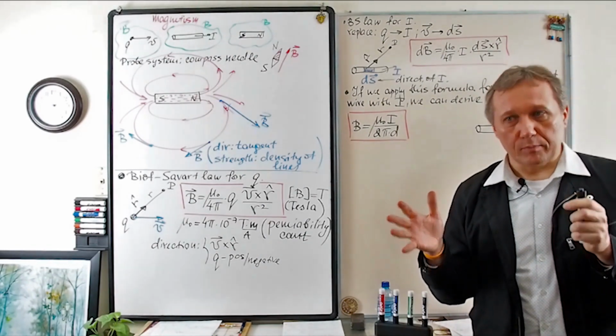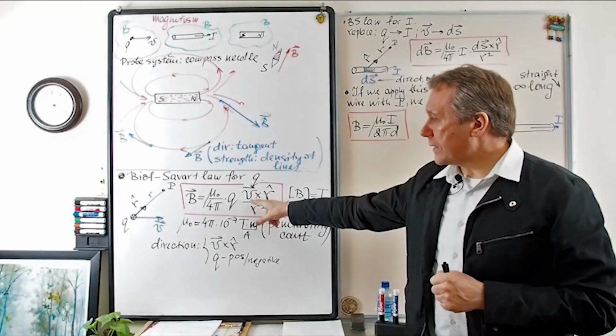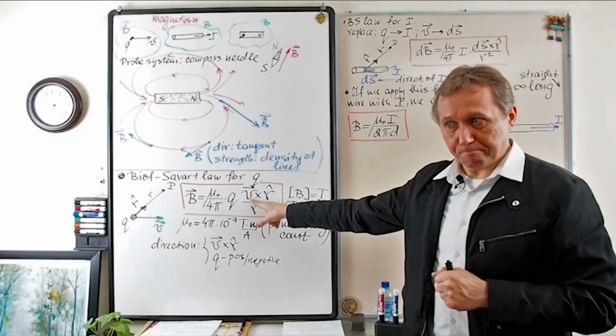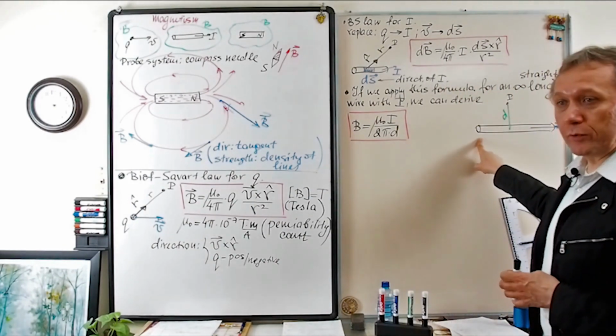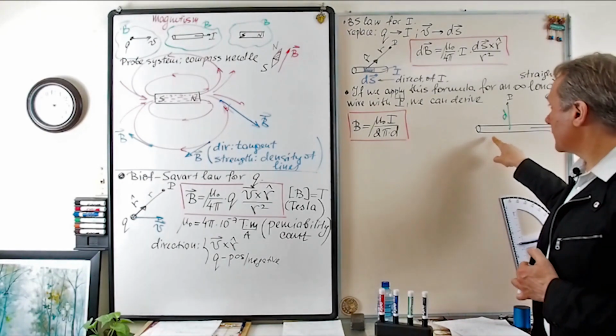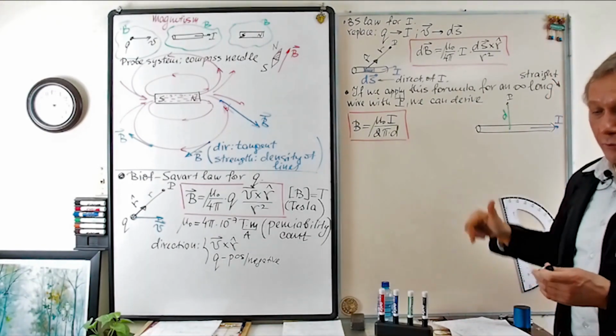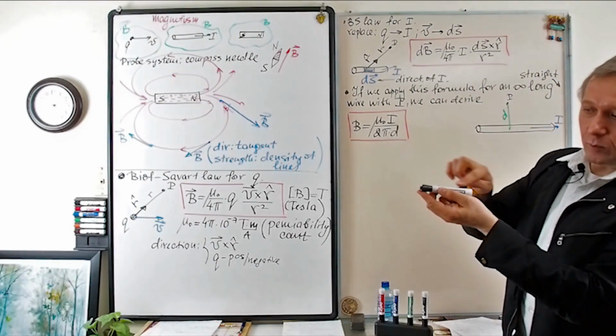Usually I call it number 2. Right hand rule number 1, it's the rule which we use to find direction of the cross product. Right hand rule number 2, that's what we're going to use to find a direction of the magnetic field lines in this case. So what you have to do, let's assume current flows that way in this wire.